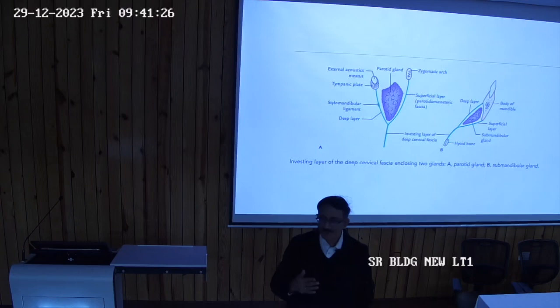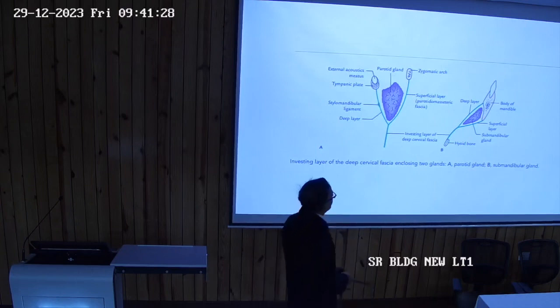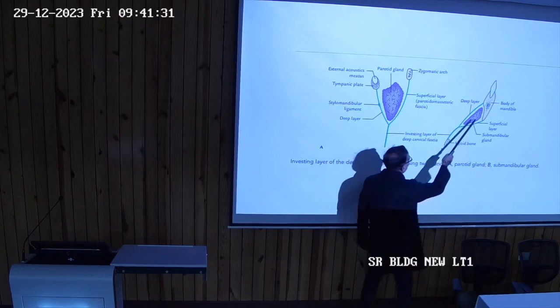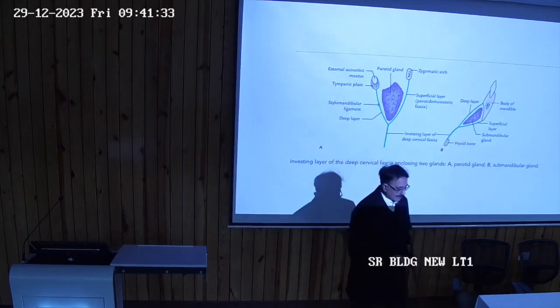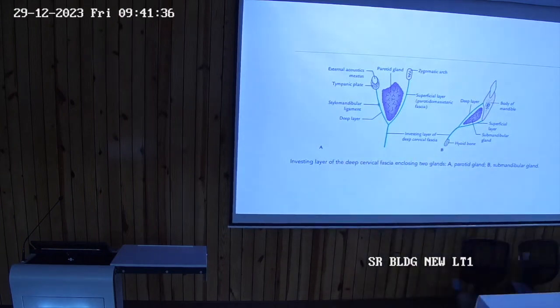Deep layer is going and attaching to the mandible. That is a mandible, तुम लोग पढ़ाया नहीं गया है, but mandible में इस तरह से अगर inner surface of mandible देखोगे, so there is a foramen over here, mandibular foramen, and there is a line. ये बाहर से नहीं, inner view दिखा रहे हैं.